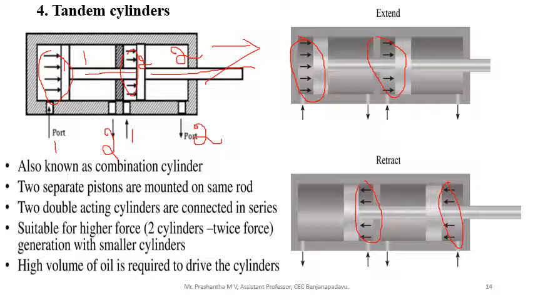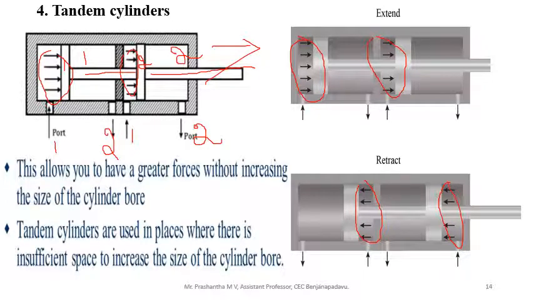A high volume of oil is required to drive the cylinder, as at a time two inlets are acting, so consumption of oil is more to drive the cylinders. And this allows you to have greater forces without increasing the size of the cylinder bore.